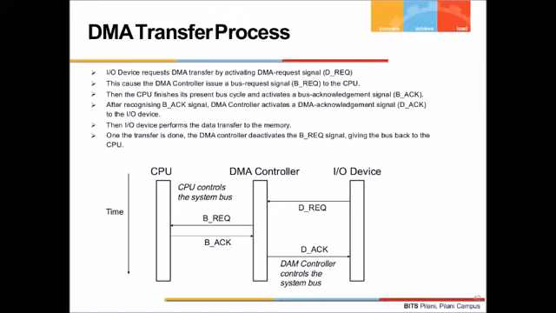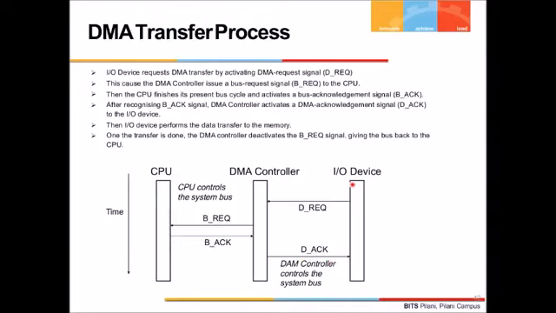Once the CPU receives this signal, if the CPU is doing any bus cycle, it finishes that bus cycle and sends an acknowledgement, called BACK, to the DMA controller. After receiving the bus acknowledgement signal, the DMA controller sends a DMA acknowledgement signal to the IO device.